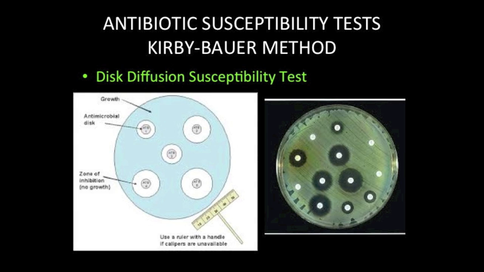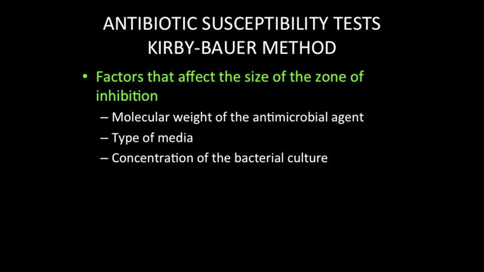When performing a disc diffusion test, several factors may affect the size of the zone of inhibition. These factors include the molecular weight of the antimicrobial agent, the type of media, and the concentration of the bacterial culture. Early forms of disc diffusion test varied in regards to these factors, and as a result, different values were reported for the same antimicrobials, leading to confusion.